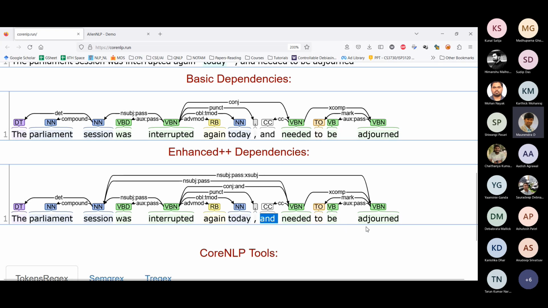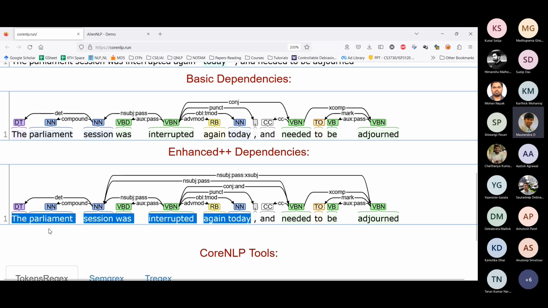Need to be adjourned, and there also we have interrupted. But this is the main clause here, and this becomes an auxiliary, subordinate clause. So here the root again will be this one.